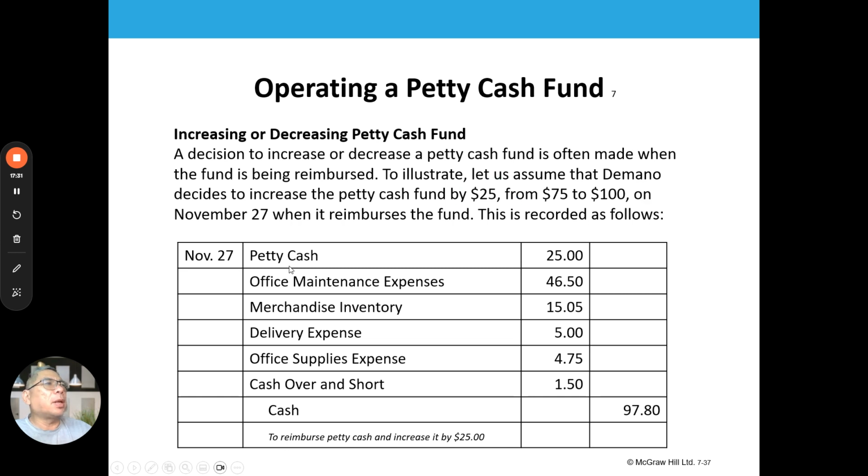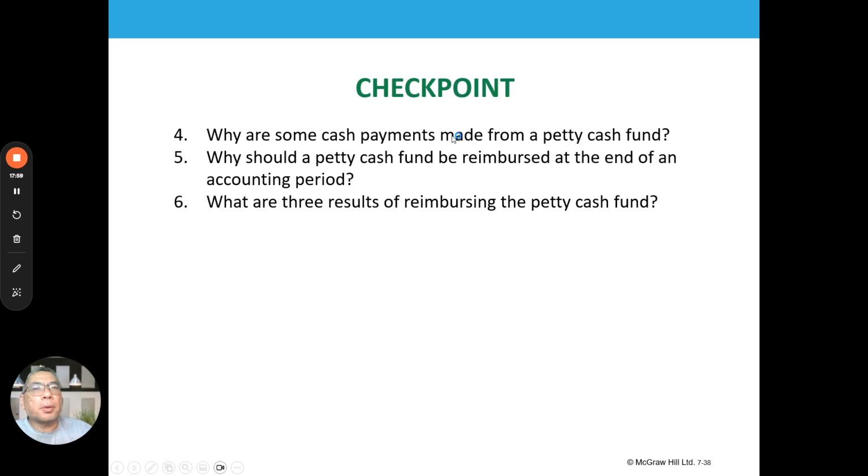Petty cash 25, office maintenance 46, merchandise 15, delivery expense 5, office supplies 4.75, cash overshort $1.50. The cash is going to be 97.80. Because you increase it from 75 to 100, you add an additional $25 here. This is your checkpoint.